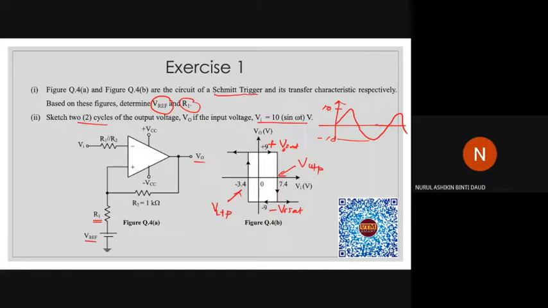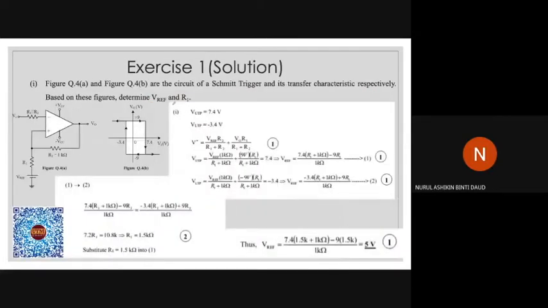So first of all, let's look at how to determine the V reference and also R1. Let's look one by one: Figure Q4A and Q4B. These are the questions and the figures again.